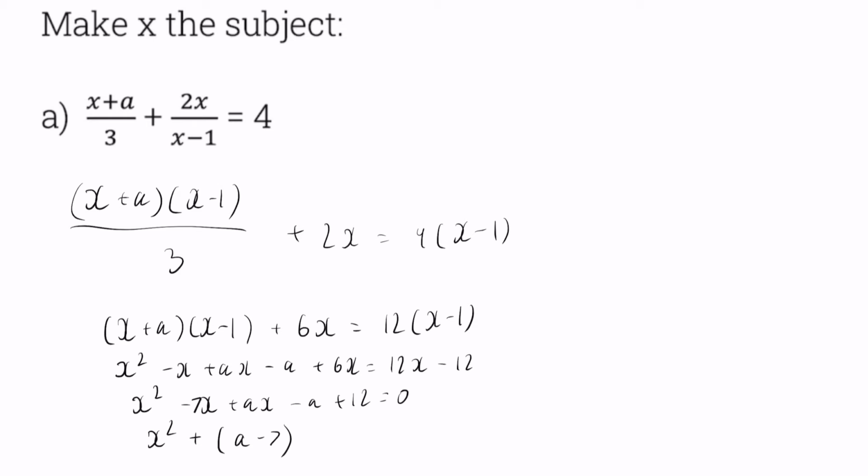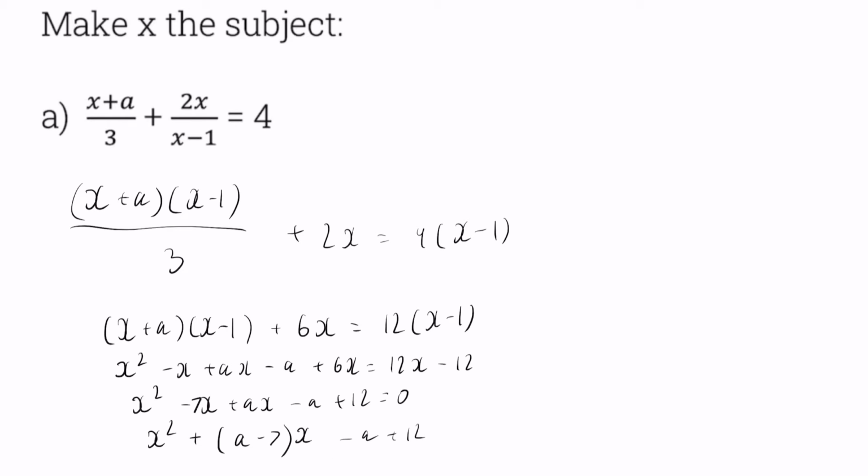Basically, all I did is I put this there and this I put there. So instead of writing minus 7x plus ax, I can rewrite it as plus ax minus 7x and remove that. So I do this: (a minus 7) bracket closed x minus a plus 12. That's it. Our a is 1, our b is a minus 7, and our c is minus a plus 12.